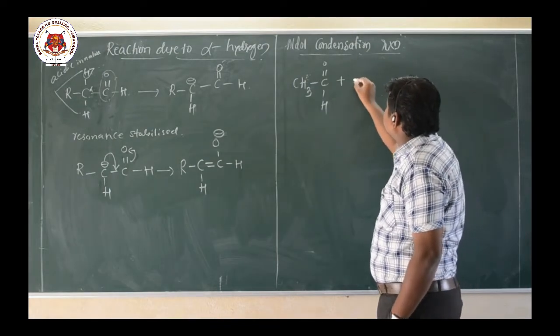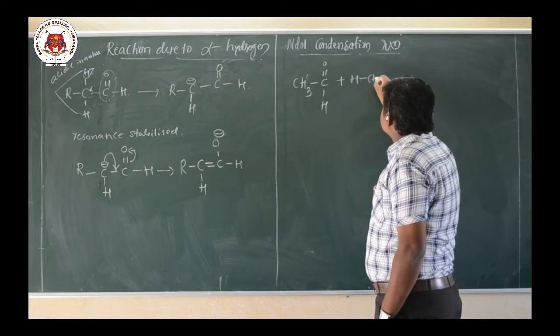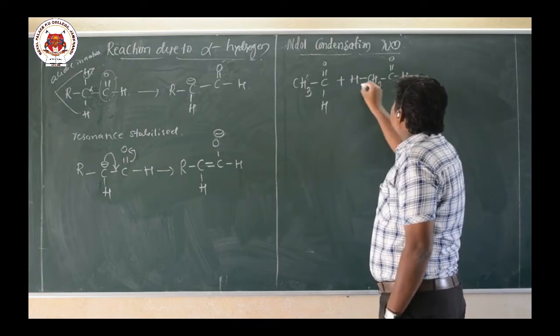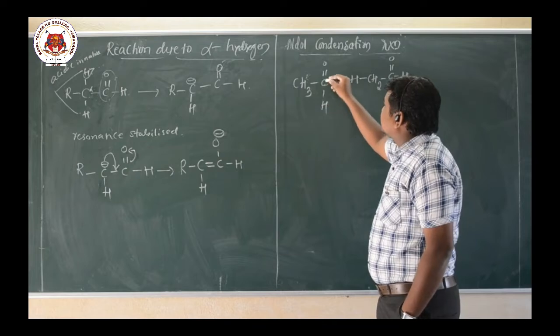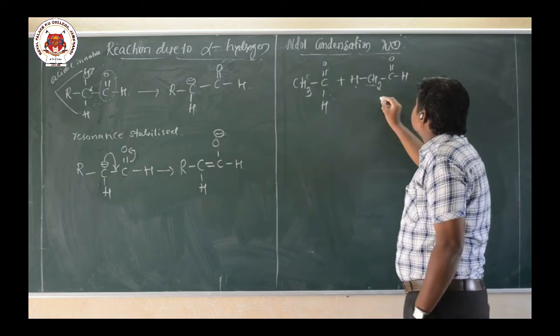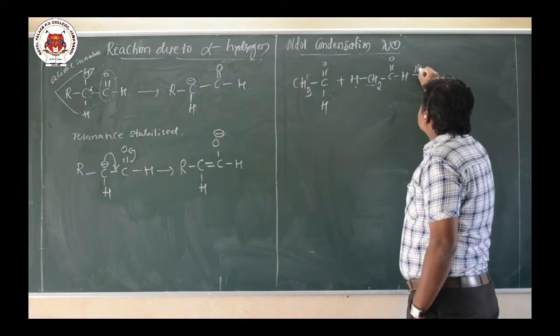Now I will write here CH2, C double bond O, H. This is also acetaldehyde, CH3CHO, which will undergo aldol condensation in presence of a base.